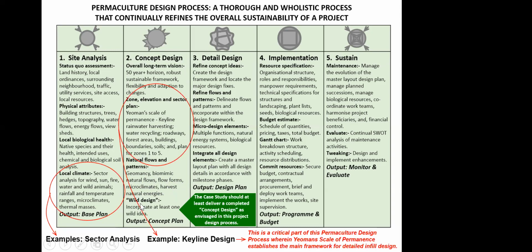And then I've always put in here wild design. What does that entail? You know, what is unique in your project that can actually make it stand out? And one of the permaculture attitudes, there's no limit to what you can do, and there's unlimited yield. So this is expressed in your wild design ideas.